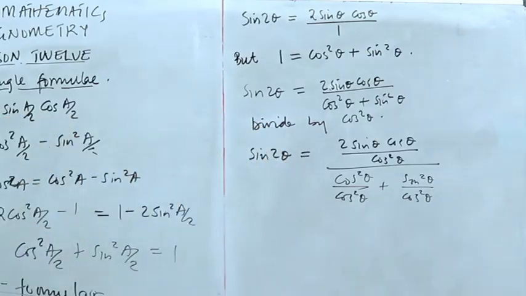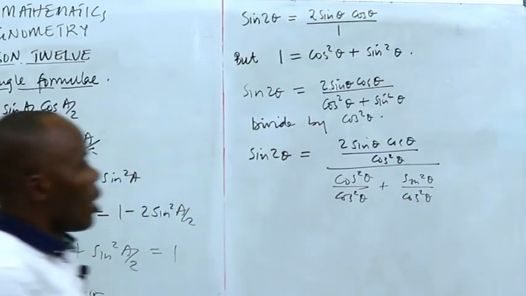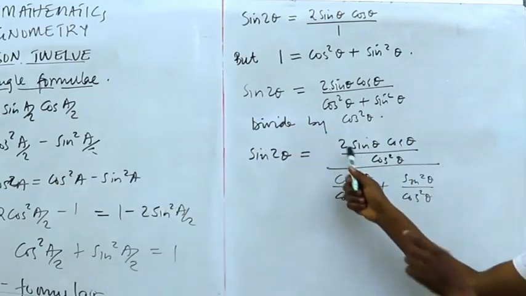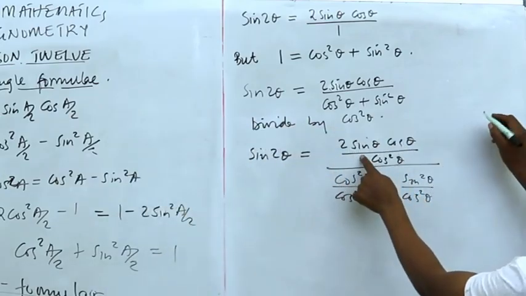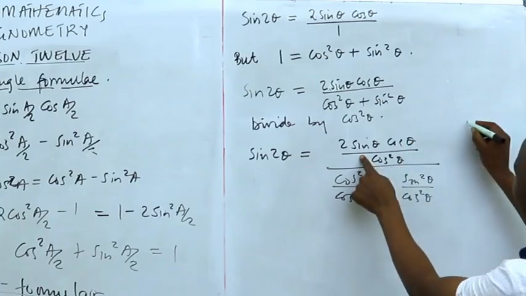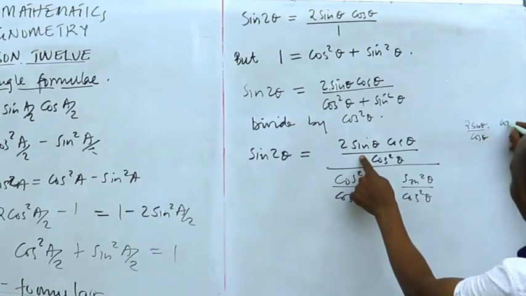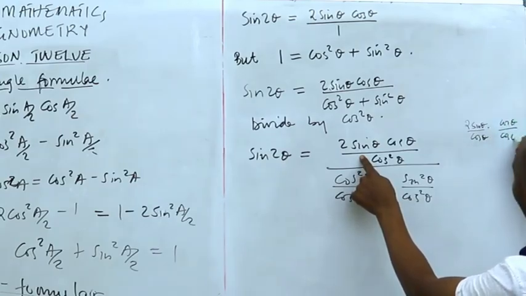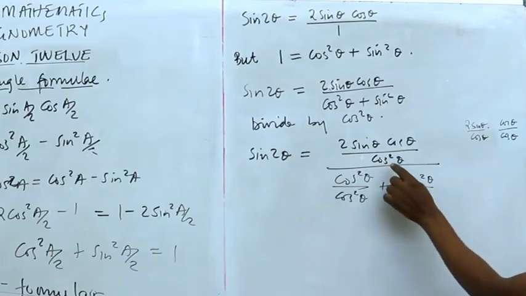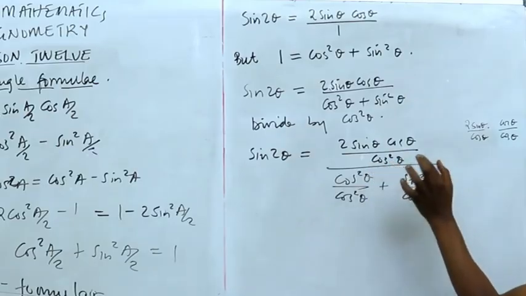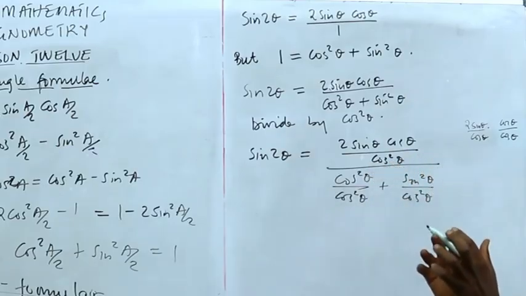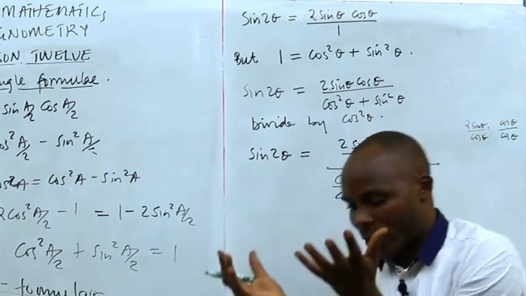Now, I want to focus here because this one challenges you. This one can be 2 sine theta over cos theta, then times cos theta over cos theta. This cos squared theta, I said, can be thought of as cos theta everything squared.